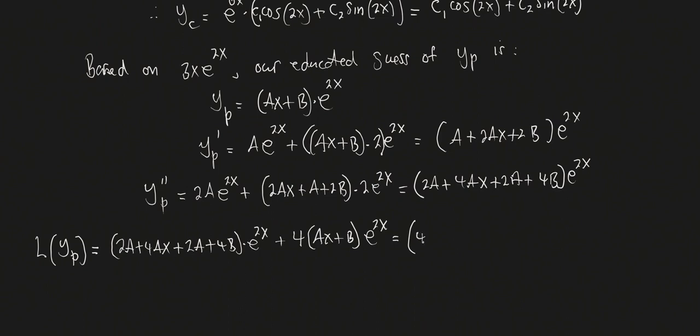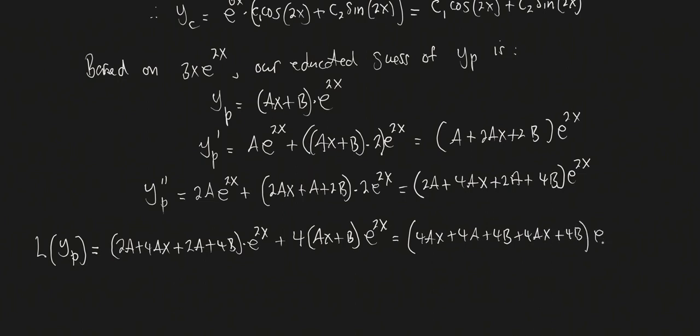I'll write the 4ax first, and then plus 4a, and then plus 4b. So that's this part. And then here, distribute the 4. So I have another 4ax and 4b.